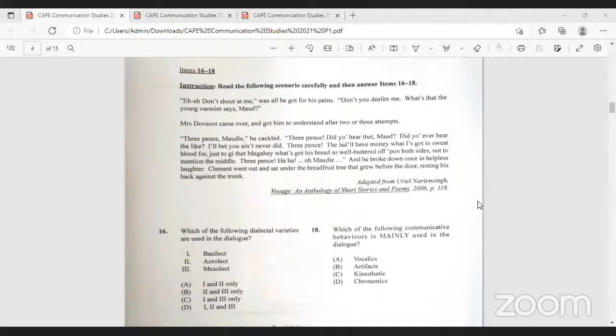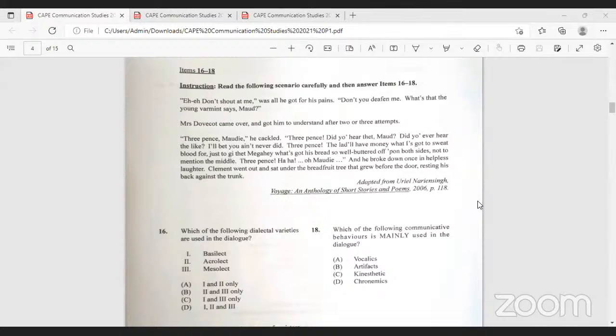What I's got sweat blood for? Just to give that megahi what's got his bread so well buttered off on both sides, not to mention the middle. 3 pence. Ha, ha, oh, Maudie. And he broke down once in helpless laughter. Clement went out and sat under the breadfruit tree that grew before the door, resting his back against the trunk.